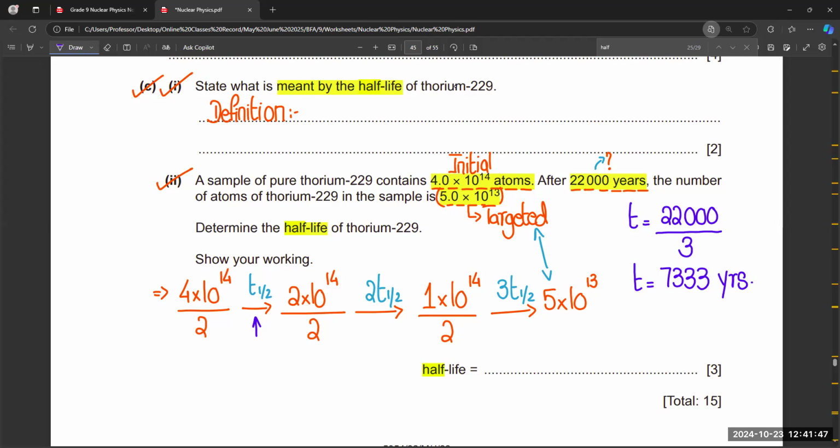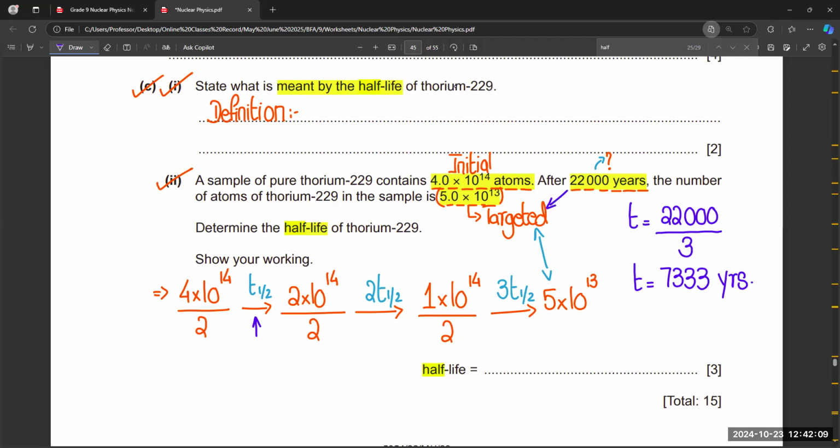We started from the initial value and reached the targeted value, and in reaching it we perform 3 half-lives. In the question it is mentioned that after 22,000 years we got this targeted value.